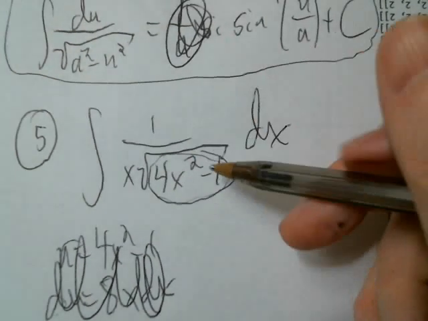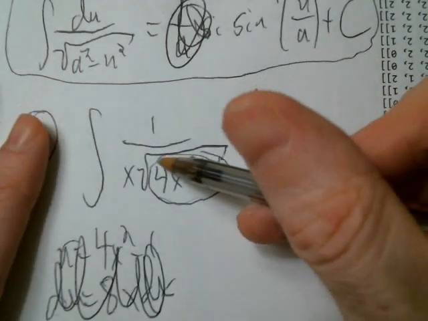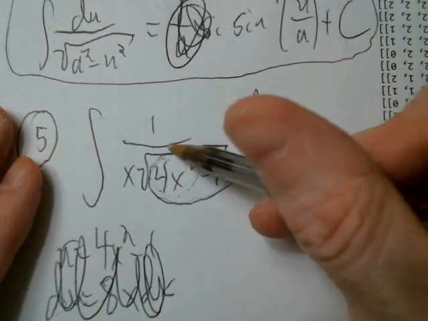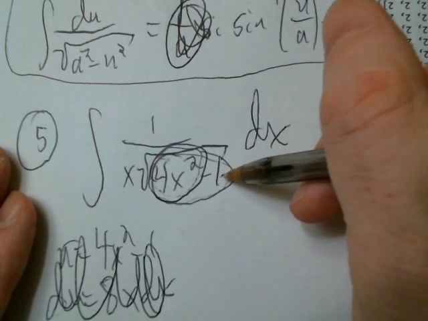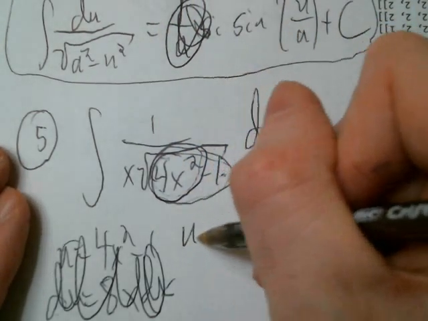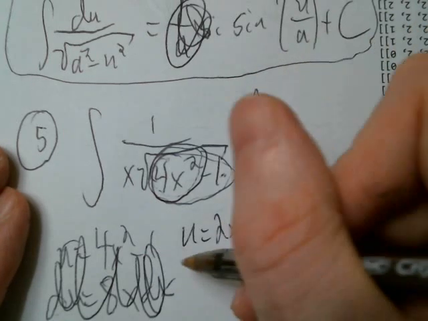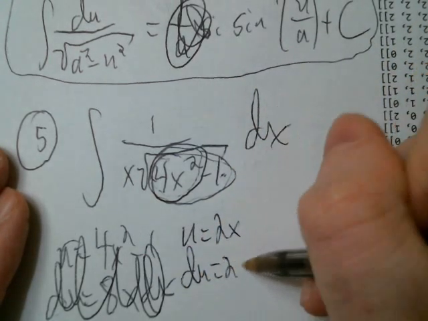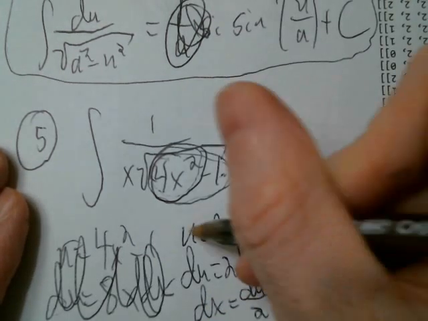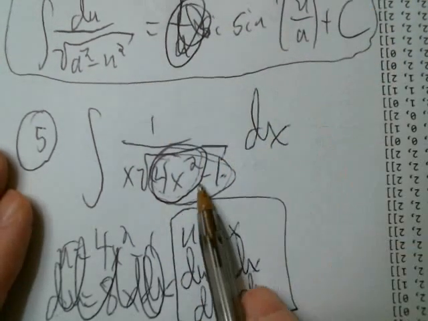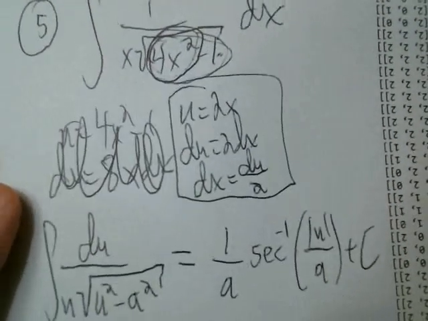Okay. So in this case, what is u? Well, u is going to be the square root of this thing right here, and then a is going to be 1. All right, so we'll let u be 2x, and then du should be 2 dx, and then dx is du over 2. Okay. So I have to go back through here and do my replacements.